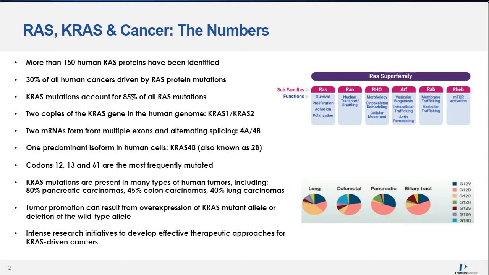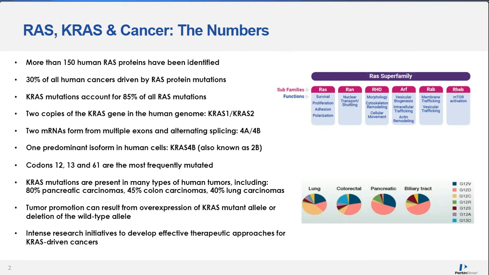The KRAS2 gene has 6 exons, and alternating splicing of exon 4 produces 2 mRNA forms, which in turn give rise to 2 protein isoforms, which are KRAS4A and KRAS4B. The KRAS4B variant predominates in human cells and is commonly known as KRAS. At PerkinElmer, we are working with this variant.